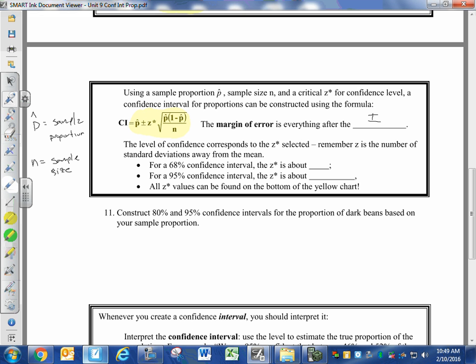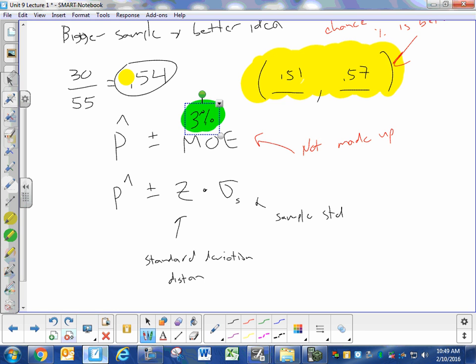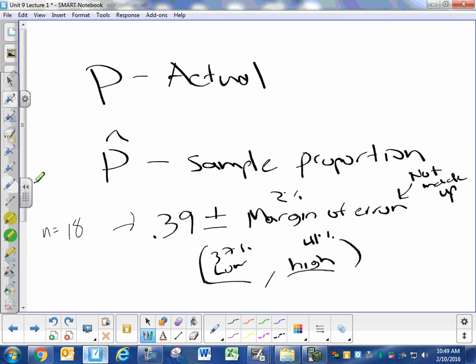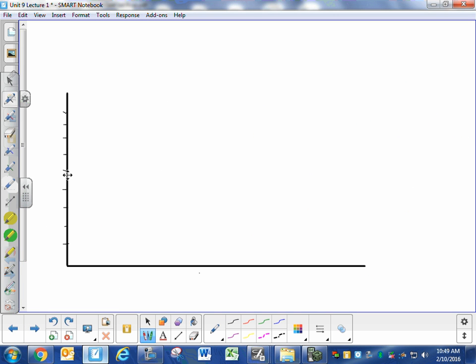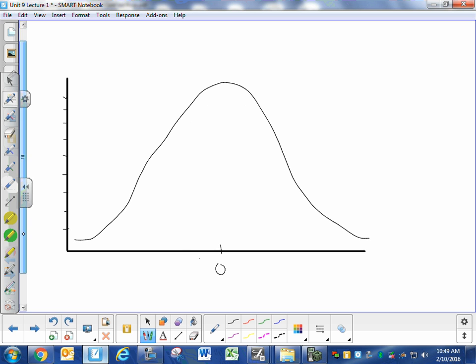Z star is the number of standard deviations away from the mean we are. We will use different z values depending on how large our confidence interval needs to be for a certain level of confidence. Now, let's remember our standard deviations and our z values for a normal distribution. If I was at my mean, I was a z distance of 0 away.